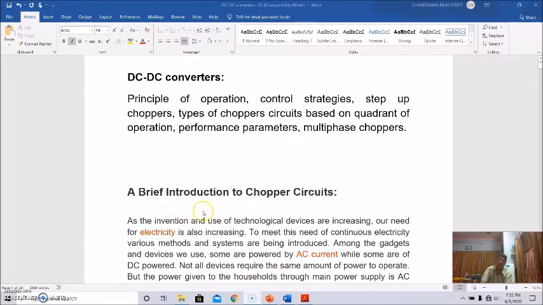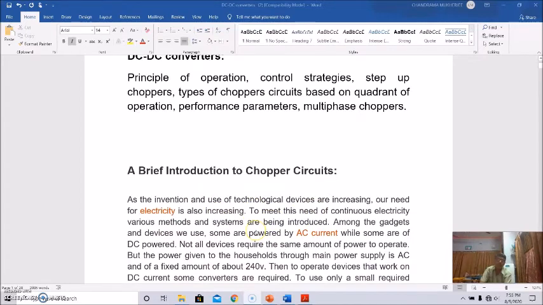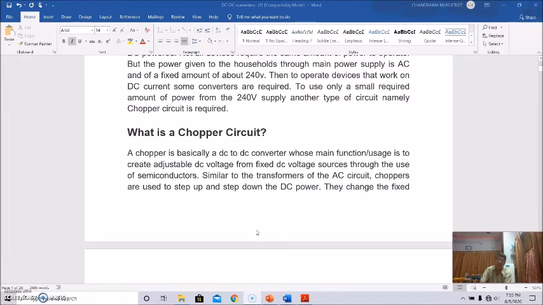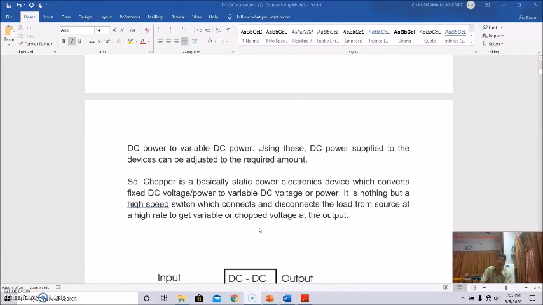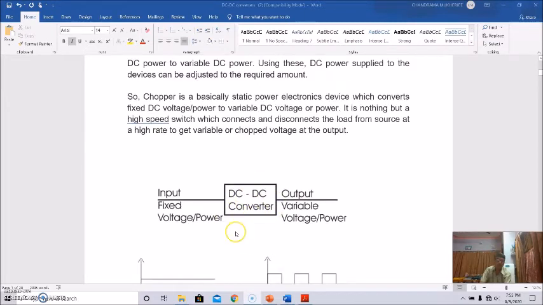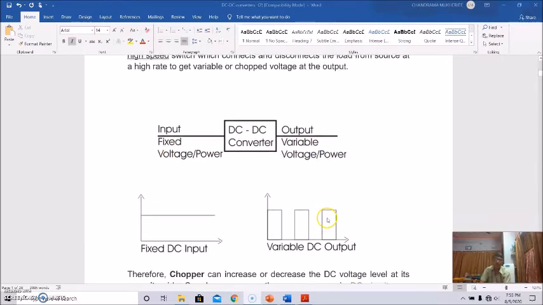We have given a brief introduction of chopper circuits, where they are used, and what chopper circuits actually are. This is the schematic diagram. It is basically a converter from DC to DC, converting an input of fixed voltage or power to an output of variable voltage and power.